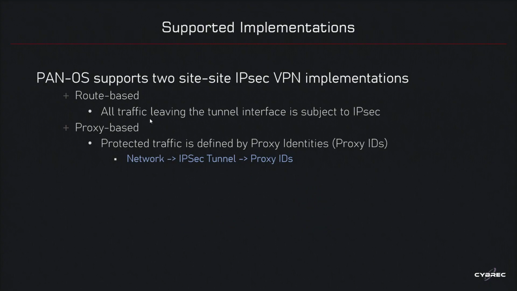So in the second case, we explicitly tell the firewall what combinations of sources and destinations we want to protect with IPsec, or in the first case with route-based, we control the encryption domain through the routing setup.